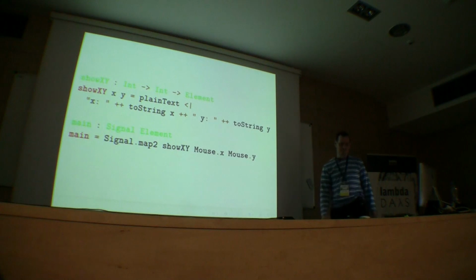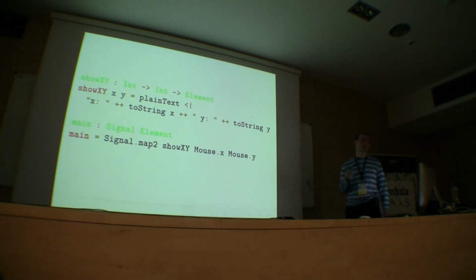Okay. Now another example. I have two signals here that represent the same information, mouse.x and mouse.y. How can I show two signals, not one? I have a function that combines two integers into an element using the plain text function.